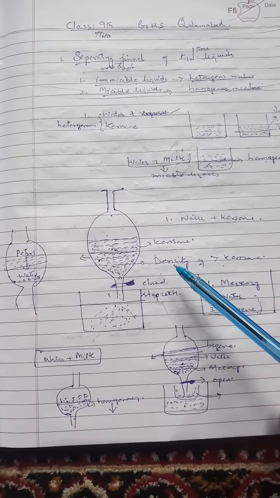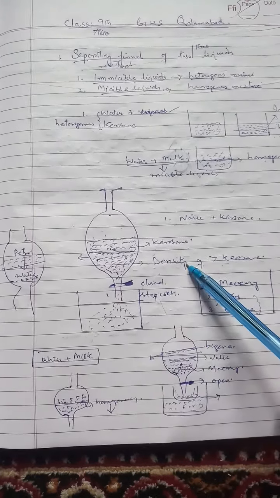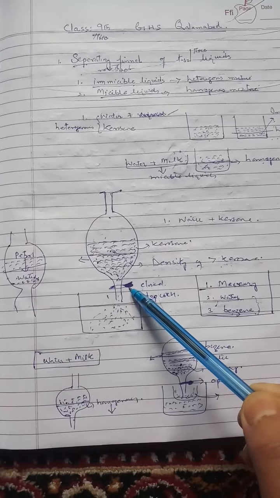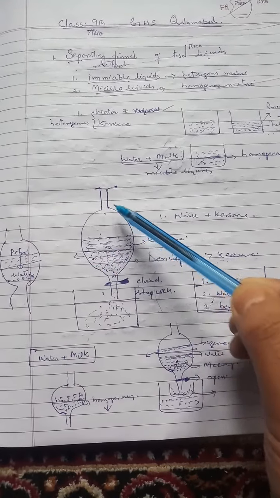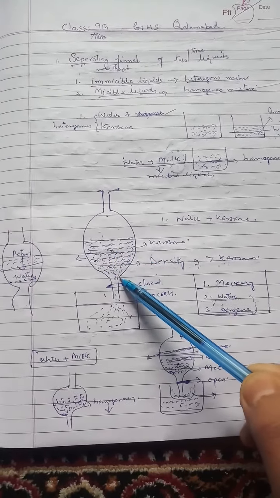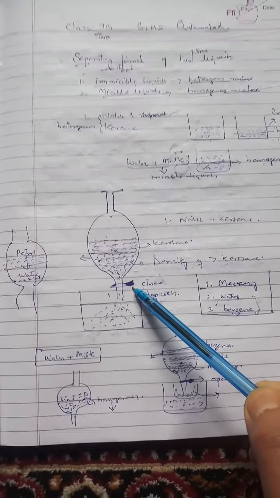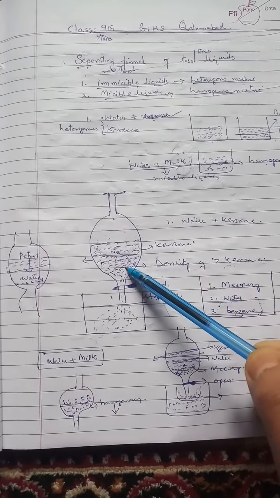As we know, the density of water is more than kerosene. When we close the lid of this separating funnel, which is totally made up of glass, and keep it undisturbed for some time, the kerosene floats over the water.